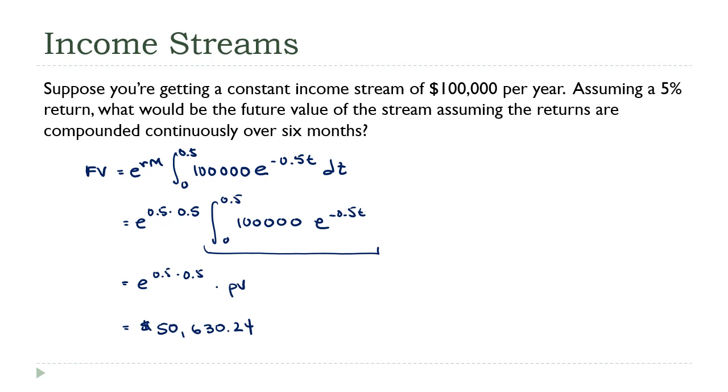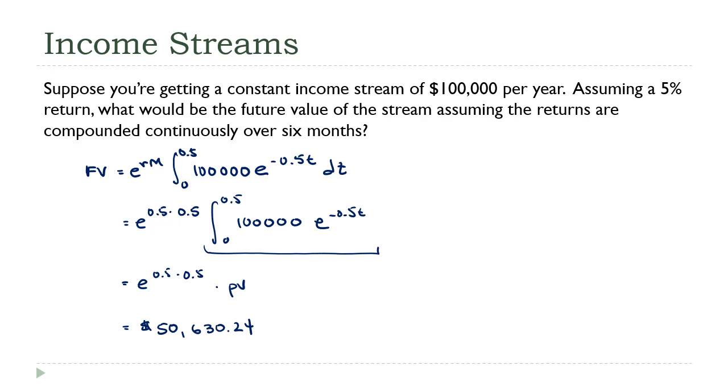Another method we could have used here, and it really is kind of what happened in this integral anyway, is to remember what the definition of present value is. The present value is the total amount I would have to put in an account to equal the future value from the investment.